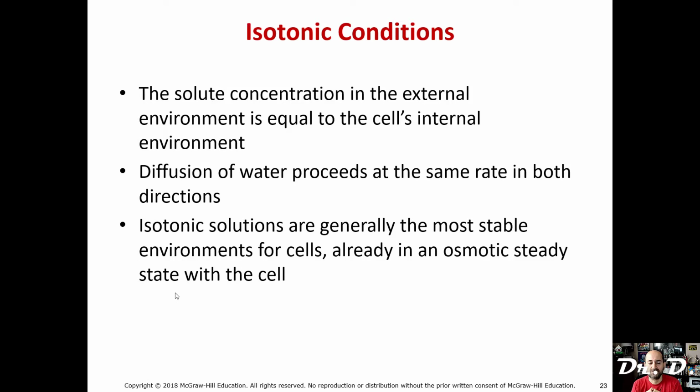Water is the solvent. So if the water concentration is equal inside and outside of the cell, then there's no net osmosis happening across the cell membrane. The amount of water osmosing out is the amount of water coming in, so there's no net flow of water. Why? Because the solute and solvent concentrations inside and outside of the cell are equal, so that's called an isotonic condition.